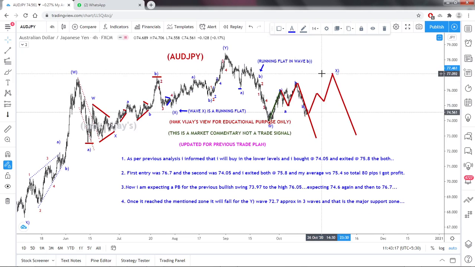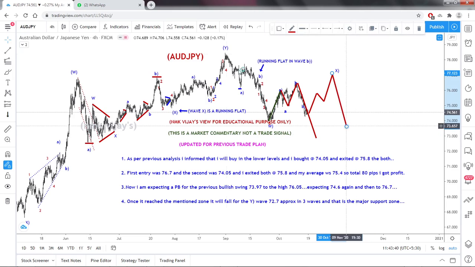If it reaches here, I will be in sell with the stop loss here. So that is a good trade, not here. Looking for that, if we sell at 77, for example, to 72, nearly 500 pips we can get, but that will also be on the ABC, and it will be very fast, like this kind of impulsive.